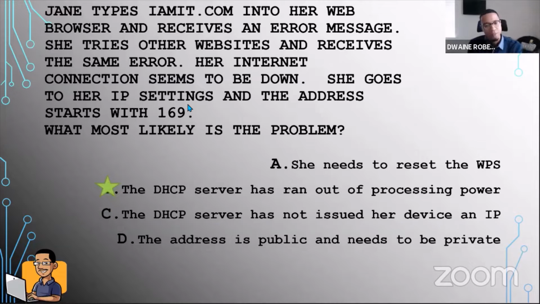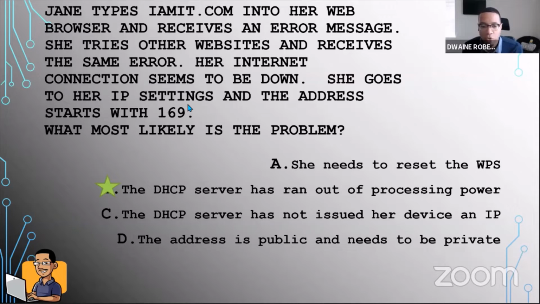So, the DHCP server has run out of processing power. Is that true or false? That's false, right? I just wanted to throw something in there to throw you guys off. The answer is C. The DHCP server has not issued her device an IP address.